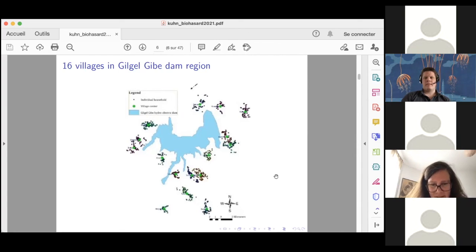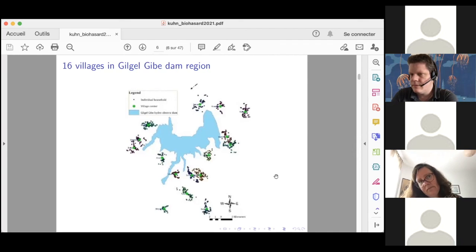Okay, but I think you are right, and this is probably the reason why we don't find a significant effect from the distance to the dam. And is it known what the preference of the anopheles is for laying eggs? Because I remember from a long time ago reading the book of Hackett, who took care of eradicating malaria from the US and then traveled to Italy to do the same thing in the 30s.